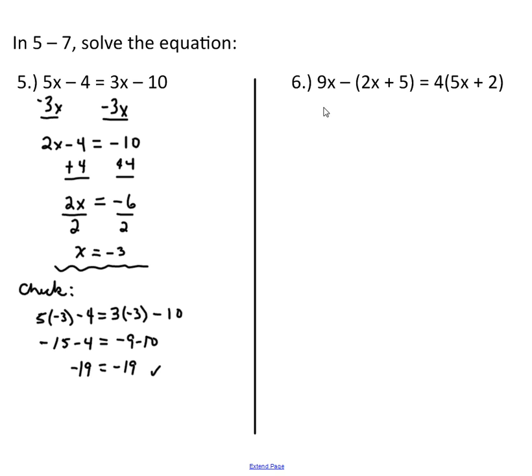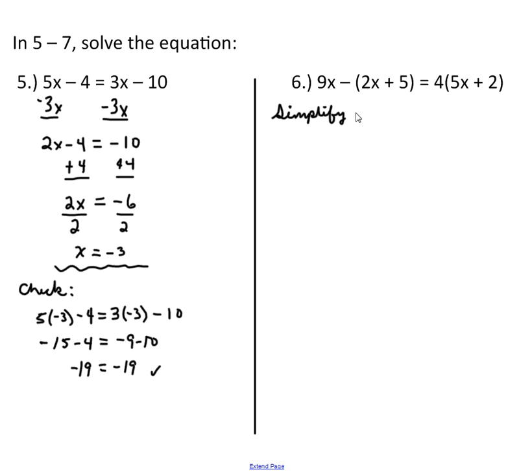Well, what about this guy, number 6 over here? It's a little bit more going on, but the same type of principles will apply. Before we start doing anything, though, the very first step is to simplify on both sides. We simplify expressions by combining any like terms, by getting rid of parentheses if they're there, and joining together any terms that can be joined together, so that we'd only have a simple equation, at least to the extent that we have in number 5 right here.